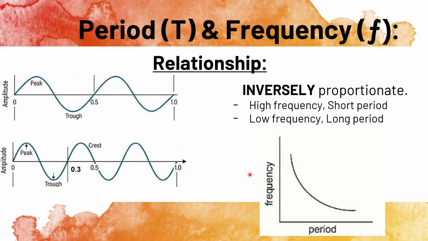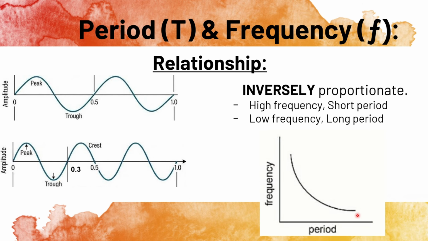But then they can also ask you to illustrate this relationship on a graph of frequency versus period. Then you need to know the relationship is always represented by a hyperbola. The reason for the hyperbola is the higher the frequency is, the lower or the shorter the period will be.